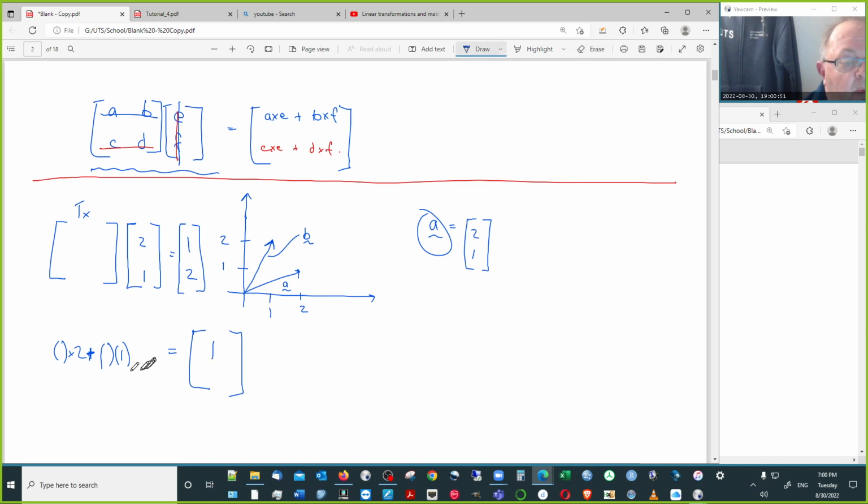I don't want to modify the 1 term, so what's something I can multiply 1 by not to change it? My favourite number, 1. So if I multiply this by 1, row down column, I will get 1.